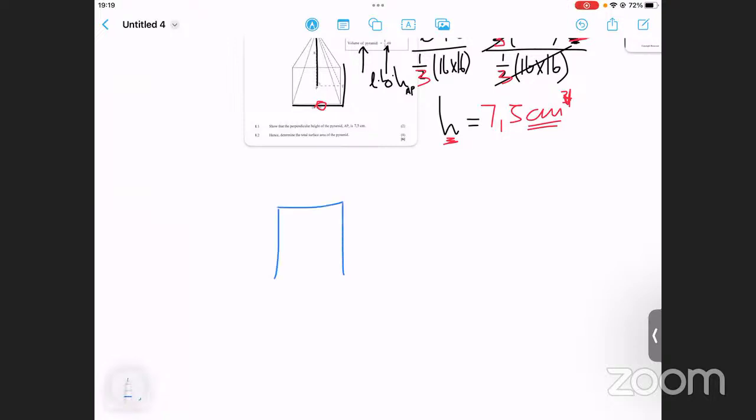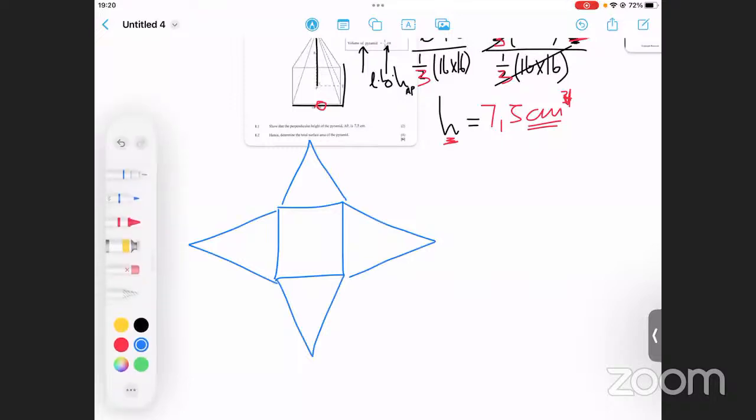Let's agree on this one. First thing first, we have a square base, and then we have that side of the pyramid, that side, that side, and that side, isn't it? In terms of the dimensions, we know that this is 16 centimeters, and that also is 16 centimeters.